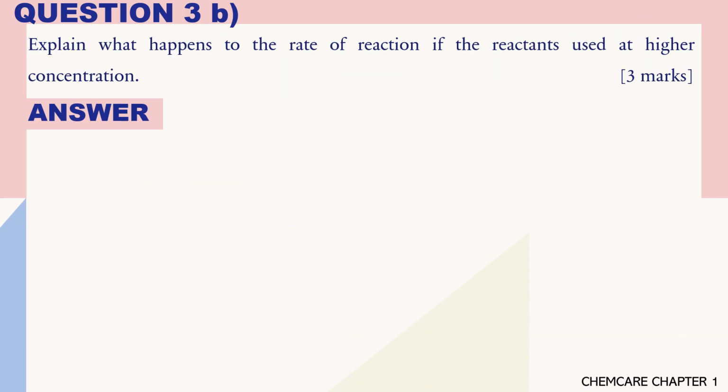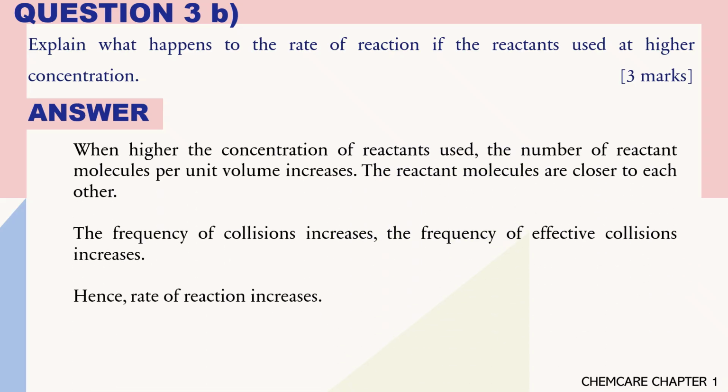Question 3b. Explain what happens to the rate of reaction if the reactants are used at higher concentration, 3 marks. So when the concentration of reactants used is higher, the number of reactant molecules per unit volume increases, and the reactant molecules are closer to each other.